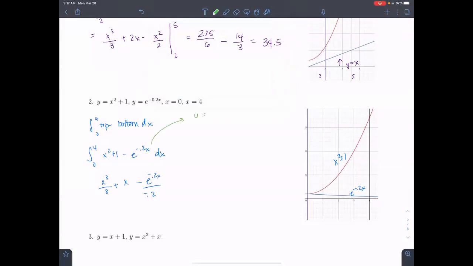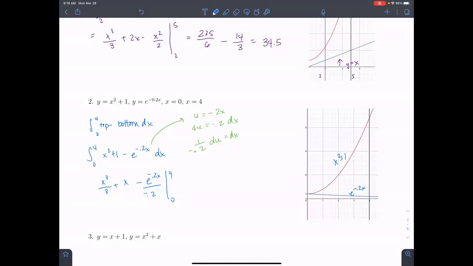So u would be negative 0.2x, du would be negative 0.2 dx, so 1 over negative 0.2 du is dx. Then you could plug that into your integral, and this is what you would get. And then we are evaluating from 0 to 4.